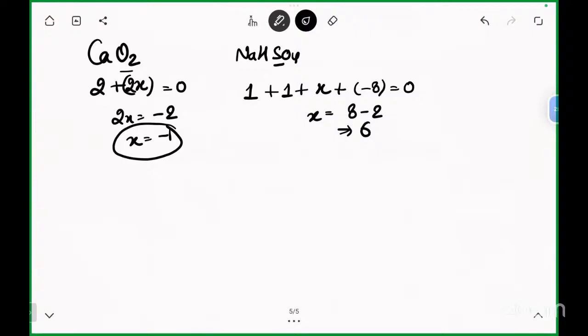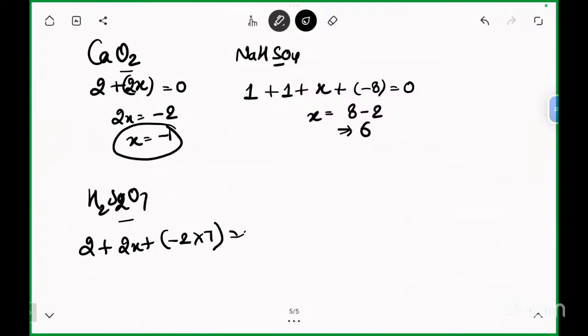For example, let's take potash alum, K2SO4. Potash alum, no, it will be quite big. So we can have more examples, like H2S2O7, oleum. You have to calculate the value of sulfur. So it will be 2 plus 2X plus oxygen -2 into 7, that is equal to 0.